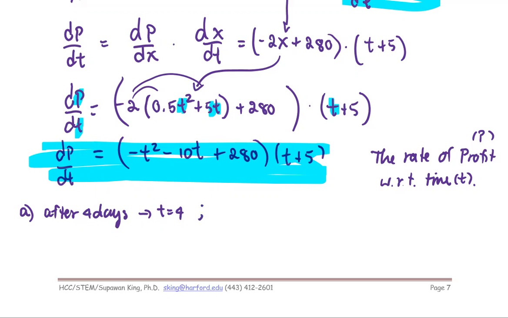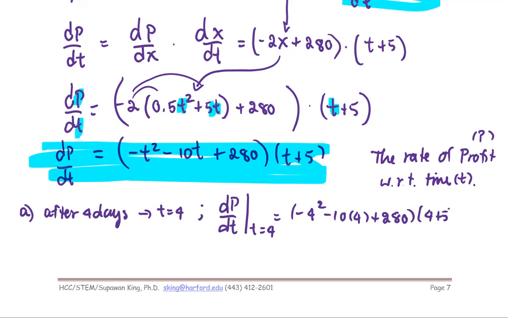That tells us we're going to evaluate dp/dt when t equals 4: -4 squared minus 10 times 4 plus 280, and then multiply by 4 plus 5, and put it in the calculator. So we should get 8280 for the first one.